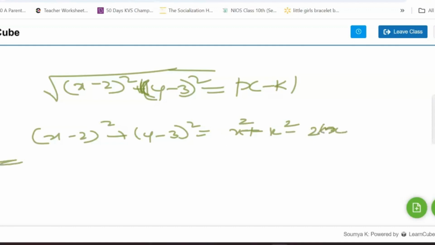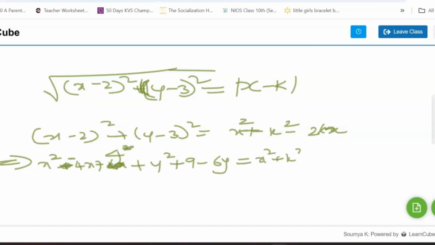Now open this bracket, also apply the formula of a minus b in both the cases. It should be x square minus 4x plus 4 plus y square plus 9 minus 6y equal to x square plus k square minus 2kx.